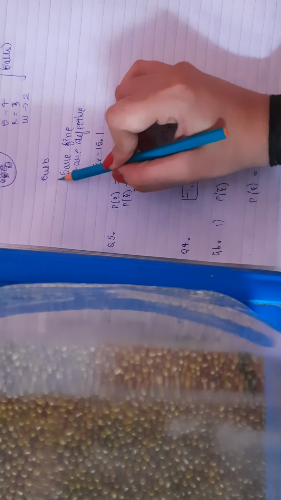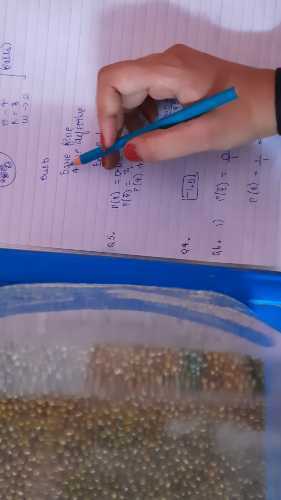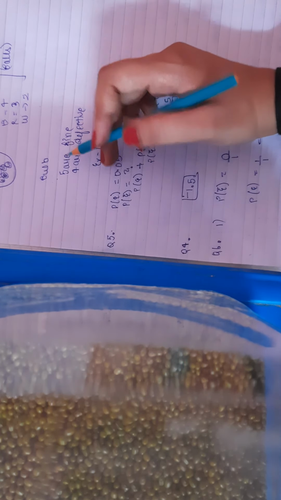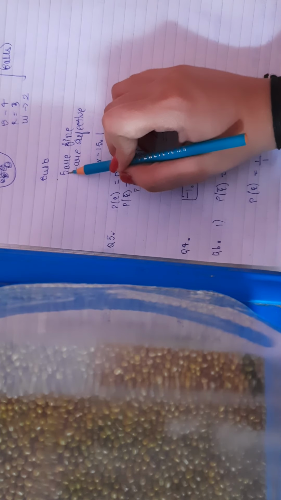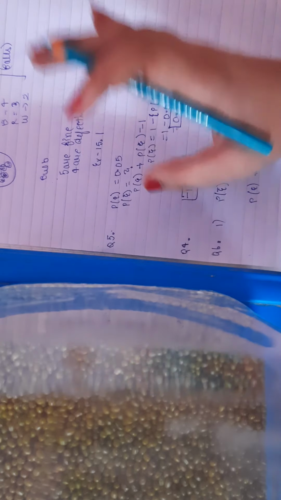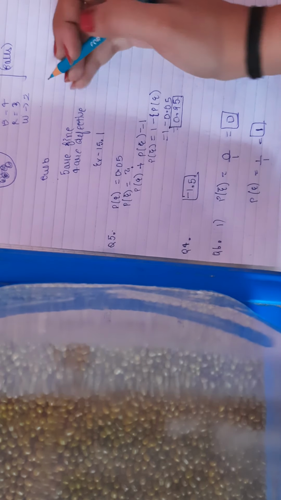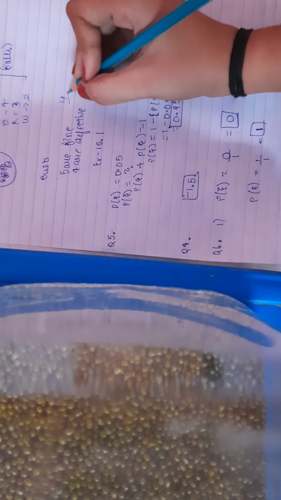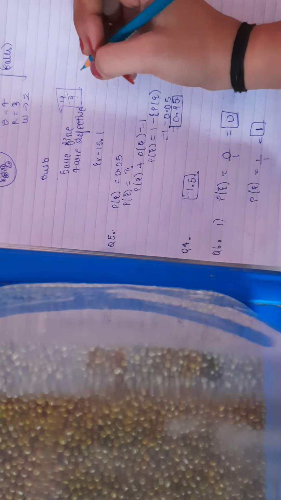Then we have bulbs. In this chapter you can get questions regarding bulbs. For example, 5 are fine bulbs and 4 are defective, then tell the probability of getting a defective bulb. You can say it 4 by 9, right.